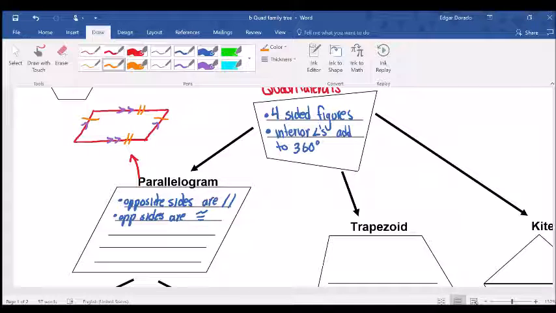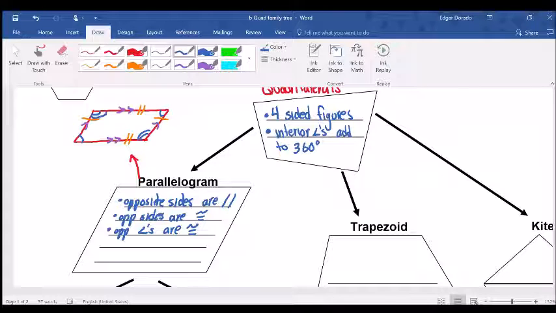All right. Next thing here is that opposite angles are also congruent. Okay, so let's keep going here. Again, what does that mean? That means that this angle here is the same measure as that angle there, and this angle here is the same measure as that angle there.